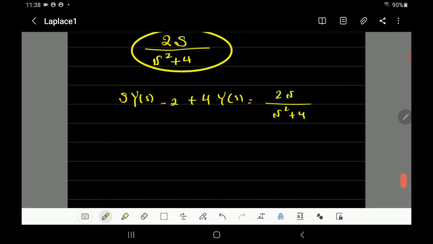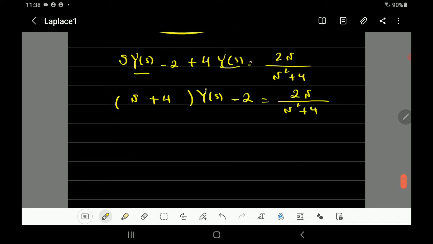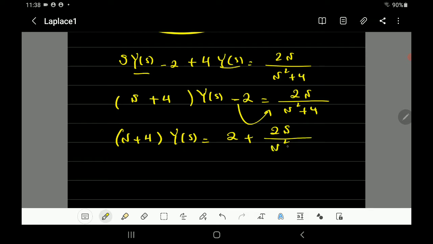Remember, we want to find Y(s), so we have to collect the terms that have Y. So you have Y(s), and the common factor here is s plus 4. Minus 2 left, 2s over s squared plus 4. So (s plus 4)Y(s), you move this one to the other side: 2 plus 2s over s squared plus 4.